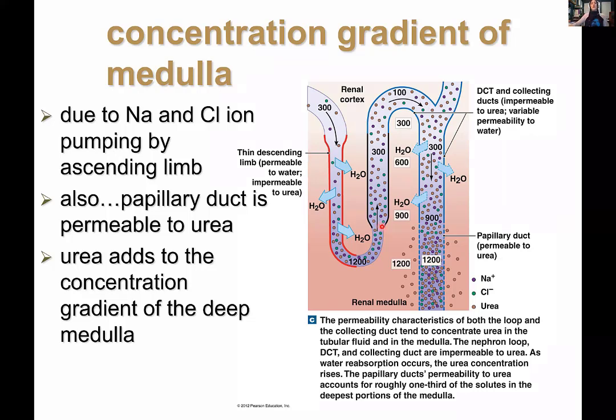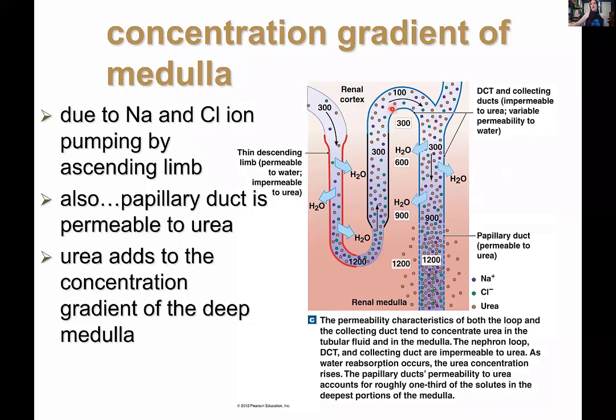So again, we have a tube with fluid moving in it in close proximity to a set of tubes that are manipulating osmolarities. That's the significance. So if I know that there's an osmolarity gradient where at the area where the cortex and the medulla meet, things are about the same as regular body fluid, and then the further down in the medulla I go, the higher the saltiness factor is, so the higher the osmolarity.